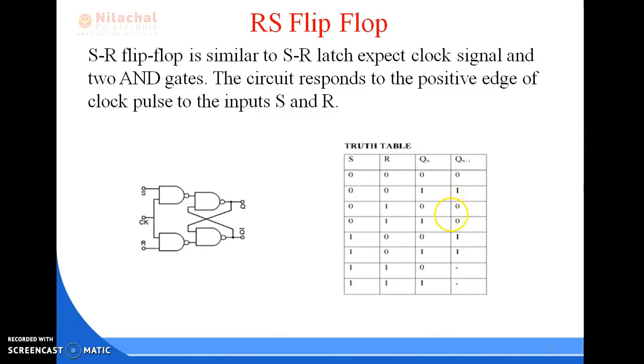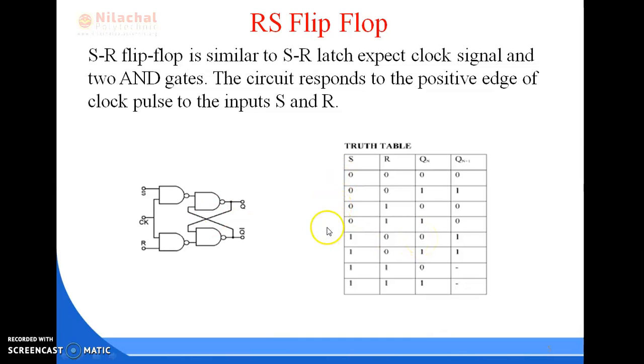Condition number 3: when S equals 1 and R equals 0, the output will go to the set state, that is the next output Qn plus 1 is 1. It is set irrespective of the previous output condition.